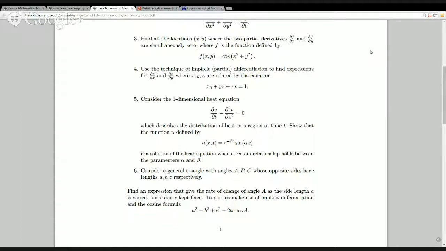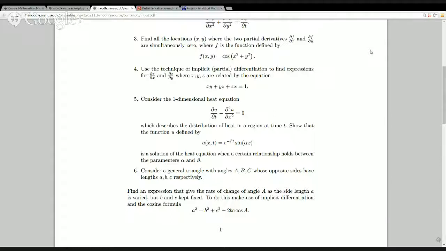So dz dx will just be minus y minus z, divided by x plus y. Now we've still got the value of z mentioned in its own derivative. That's okay. It's just saying that the rate of change of z is related to whatever its current value is. Okay.